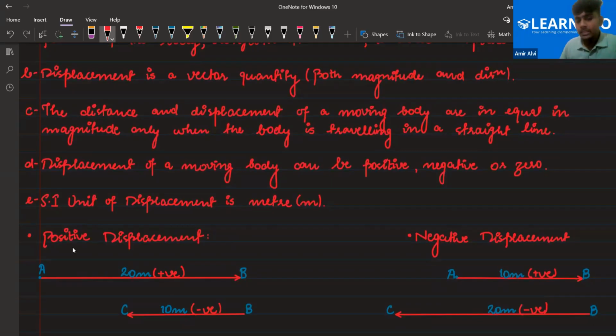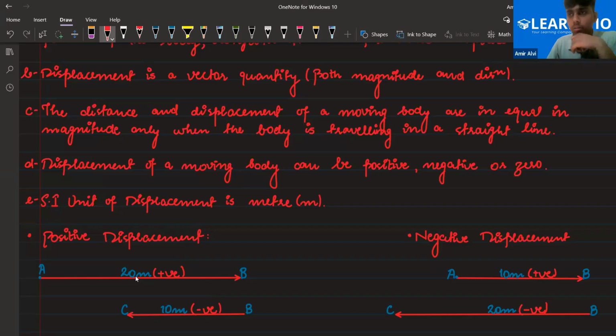Okay. So now could you please tell me, everyone, what is the total distance that you have covered in this case, A to B, then B to C, in the total journey? 30 meter, by Javeriya and Chakrika as well.